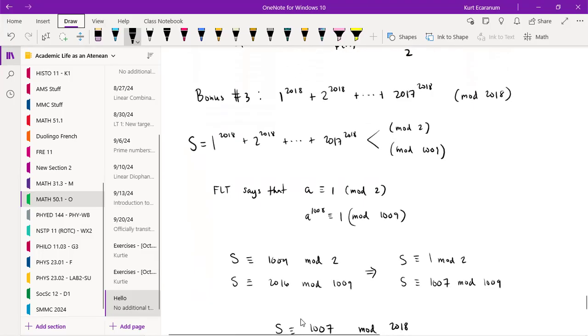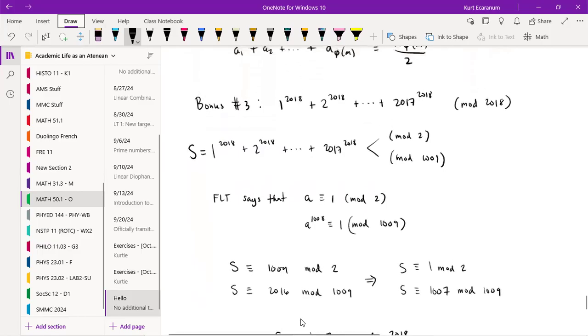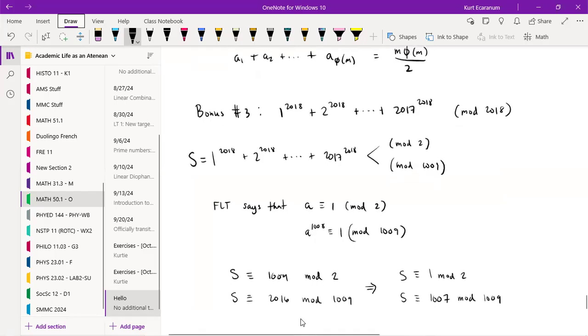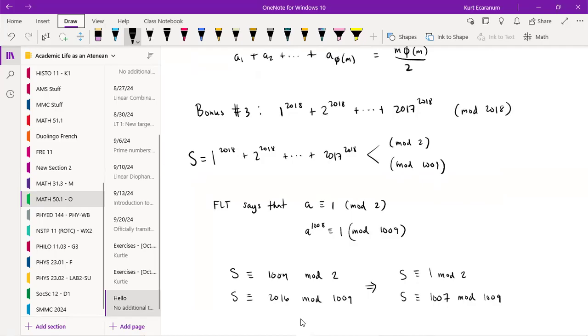So again, let S be the sum. Tapos split mod 2 and mod 1009. So meron tayong 1009 odd numbers as 1, 3, 5, 7 hanggang 2017. So 1009. And the next, by Fermat's little theorem, A to the 1008 is 1 mod 1009.